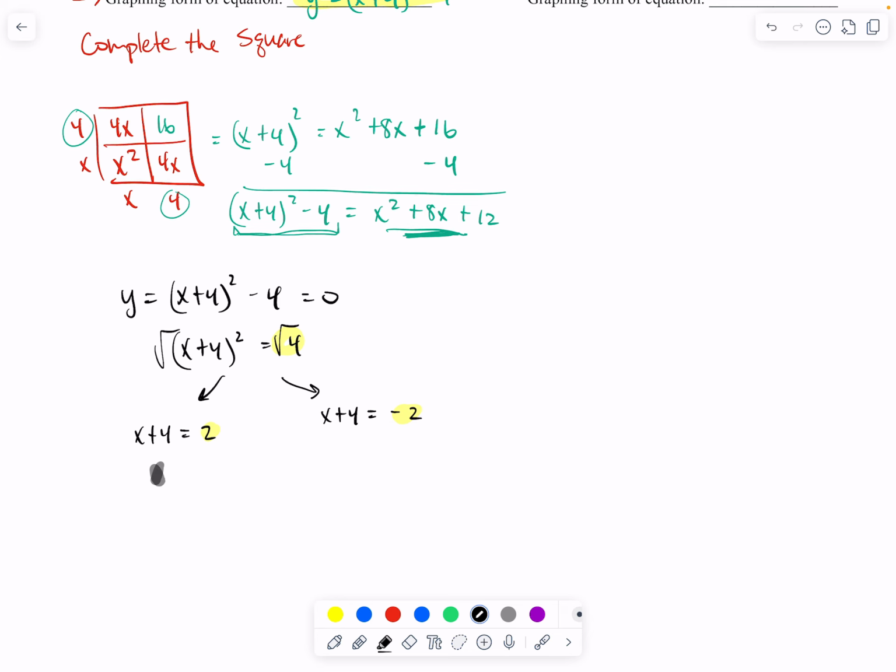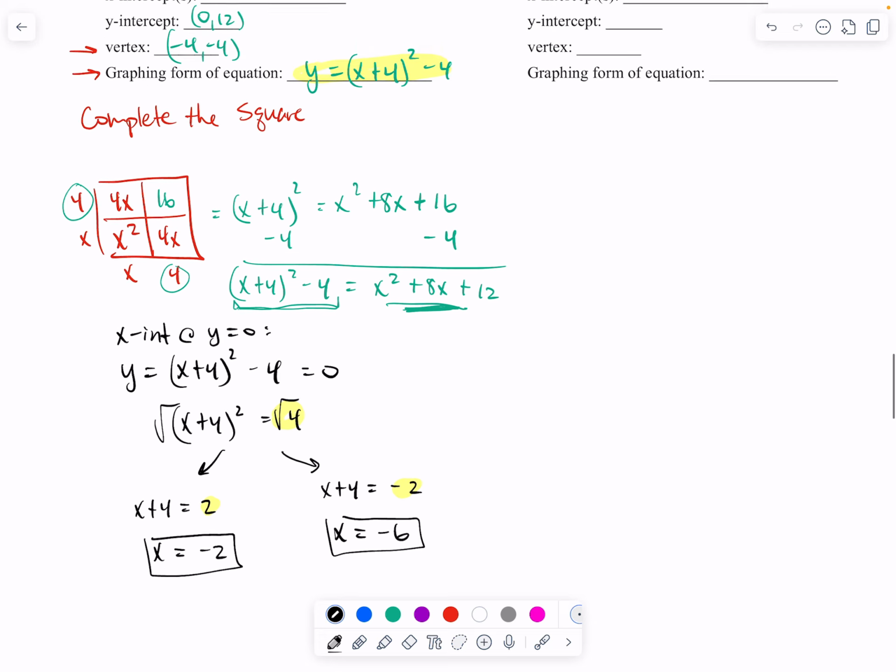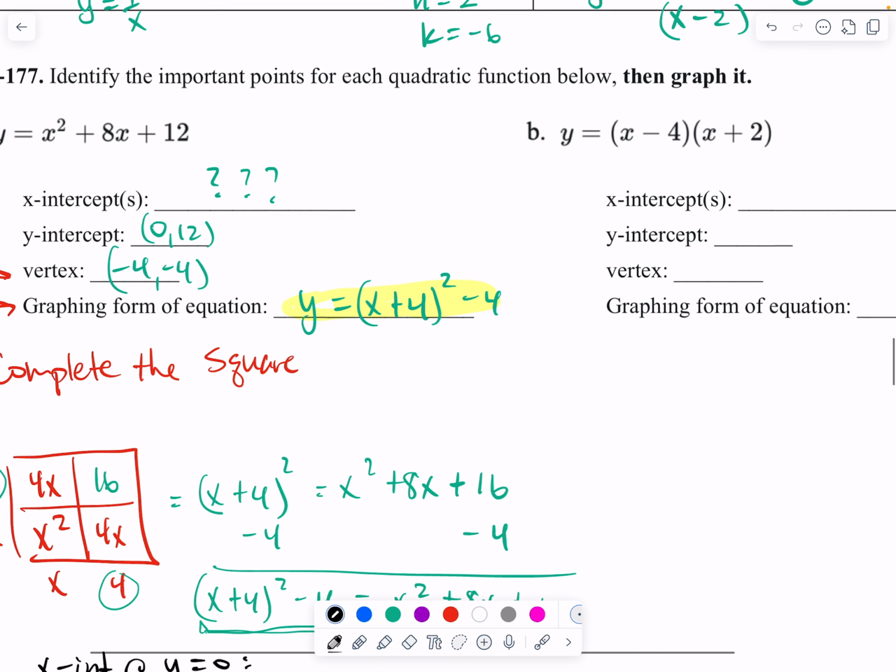One is that x is equal to 2 minus 4, which is -2, so that's the first possibility. Or I'm going to get that x is equal to, if I subtract 4 from both sides, -6. So these are now my x-intercepts, right? And this is all because the x-intercepts are at y equals 0. That was kind of how I started this whole journey. So I've got x-intercepts at -2 and -6.